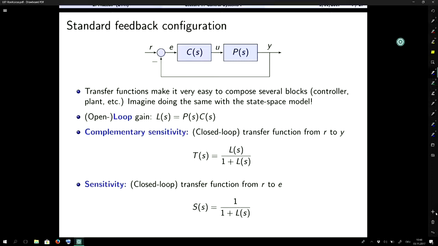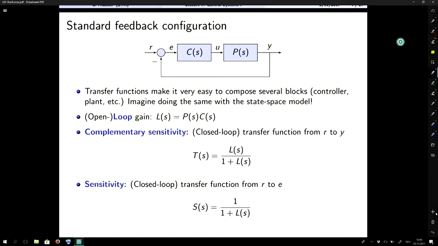The sensitivity function is the transfer function, again in closed loop, from your reference to the error. This is called the sensitivity. What exactly is the reference? This is what you would like the output to be, whatever the output is.